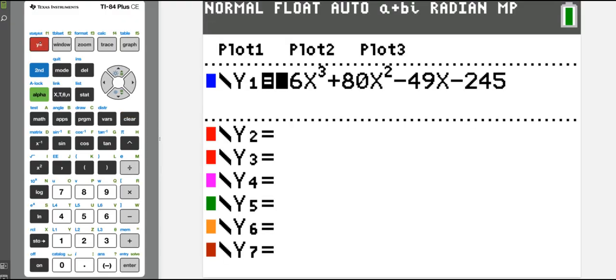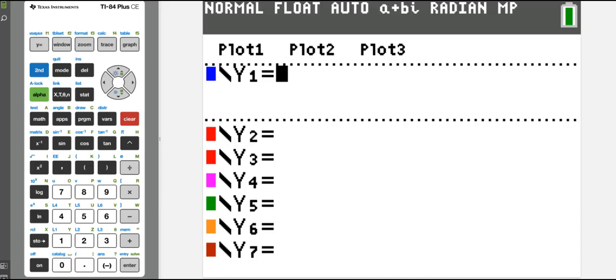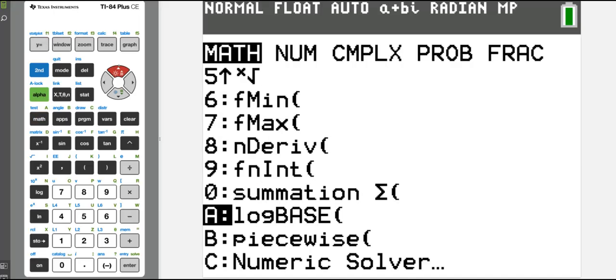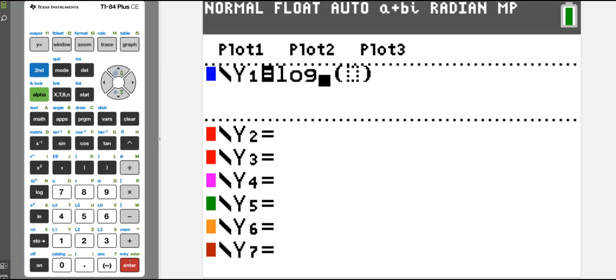I'm going to go to y equals, okay, log. Remember the two buttons down on the black buttons are log base 10 and natural log is log base e. So I'm going to need to go to math and arrow up to where it says log base. I'm going to hit enter. It's log base 6 of x.